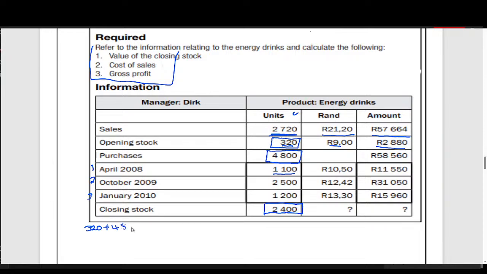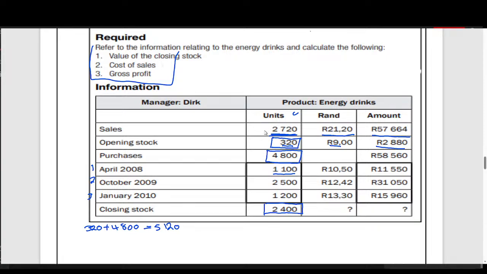How many units did we buy? 4,800 units. So if you add the two, 320 plus 4,800, that gives us 5,120, meaning that we have 5,120 units available for sales.